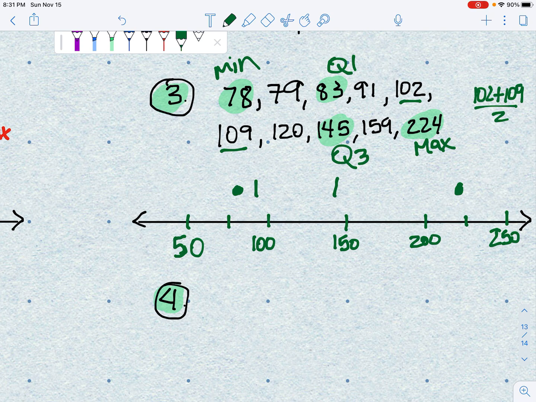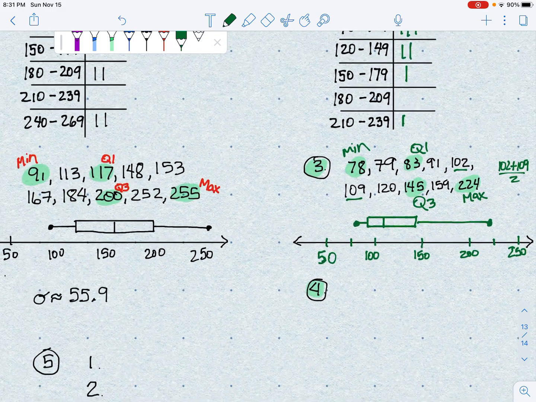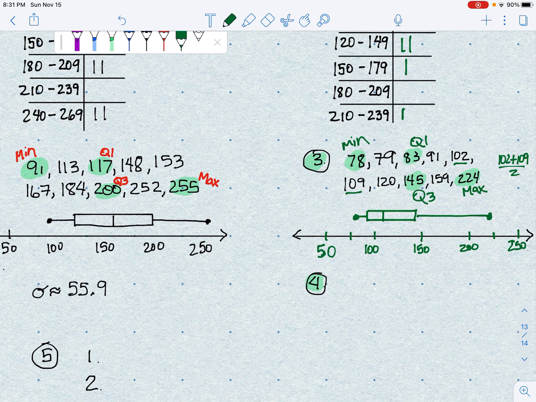Oops, the median, I forgot, don't forget the median, 105. Yeah, 105. So pretty well close to 100. And then 224. All right, so we go ahead and draw our box. Draw our whisker. And now remember, we looked at the shape, and we can clearly see this graph here.